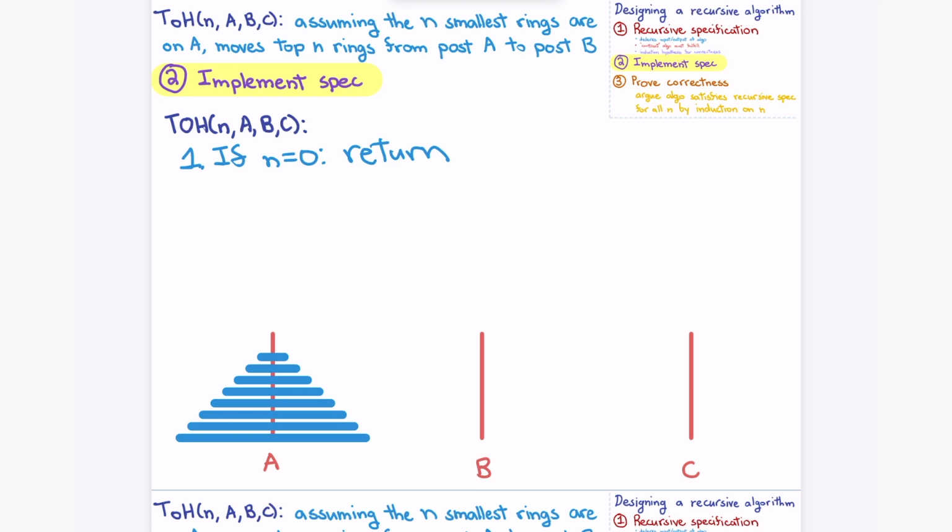Oh, well, I guess we're just committed to this sentence. So assuming the n smallest rings are on A, move the top n rings from post A to post B. Does that answer your question? Yeah, this is actually a little more specific. That's right. So the initial version of three probably wasn't detailed enough for us to, yeah.